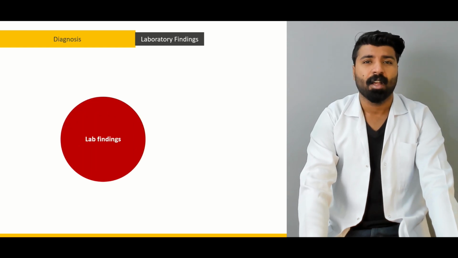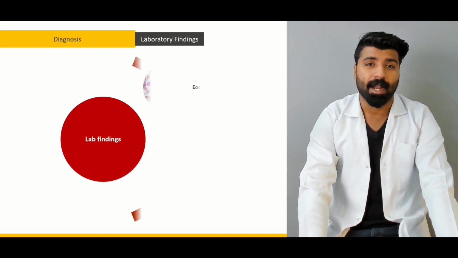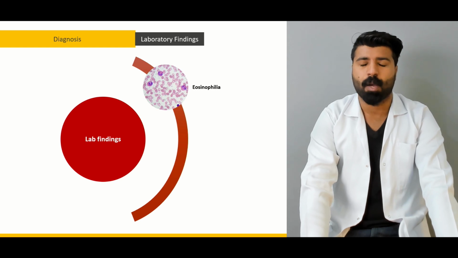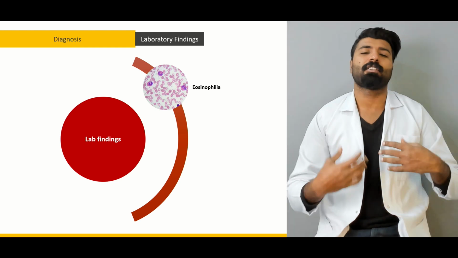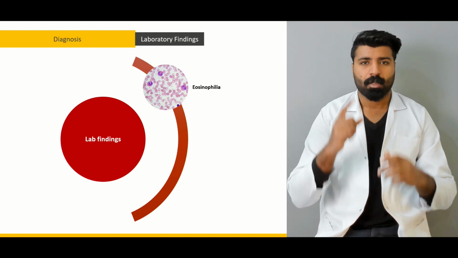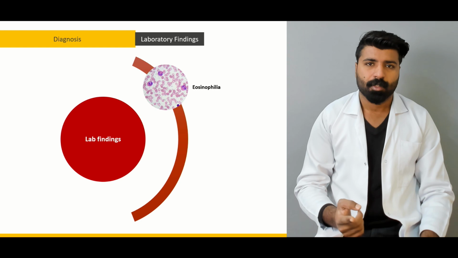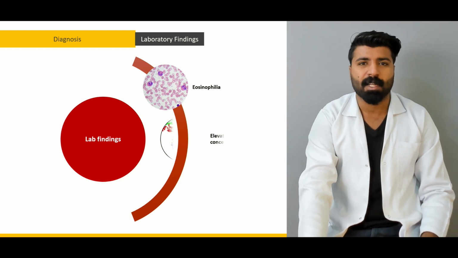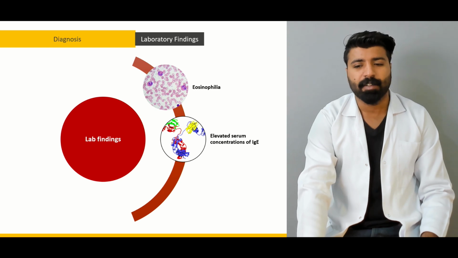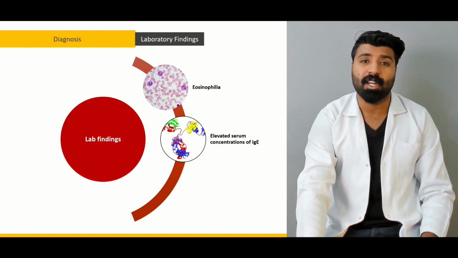After imaging techniques, you'll go for laboratory findings again. What laboratory findings will you get? First of all, eosinophilia. We talked about in multiple parasitic infections that whenever the word parasitic infection comes in, here comes the eosinophilia. Eosinophils are the first to rise in a case of parasitic infection. Next one, elevated serum concentration of IgE.